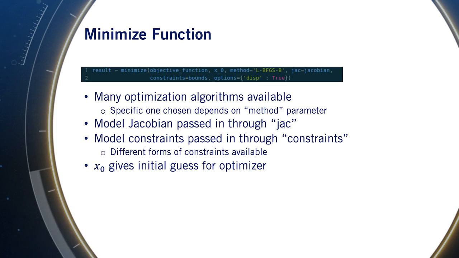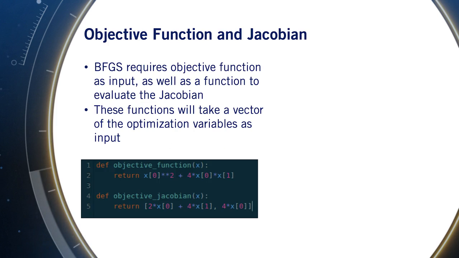Let's look at the BFGS algorithm for a concrete example of how to implement an optimization with SciPy. Essentially, for the BFGS algorithm, we are required to pass in the function pointer to the actual objective function we wish to minimize, as well as a function pointer to a function that evaluates the Jacobian of the objective function.